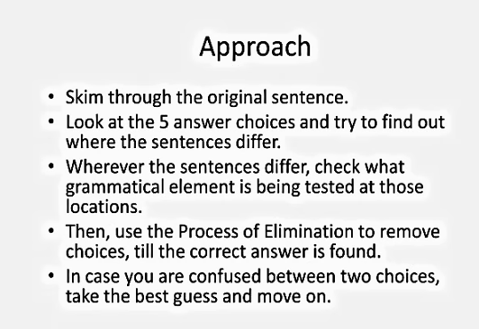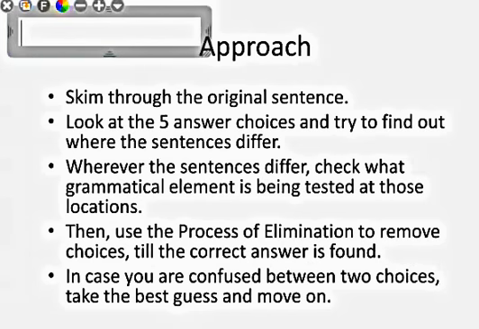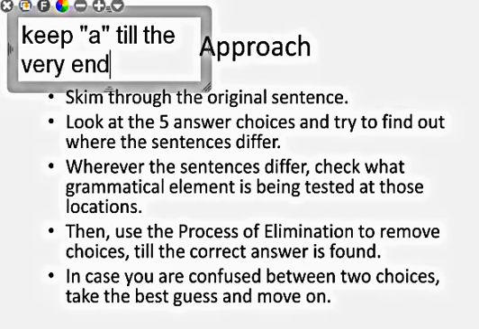But as you will find out with experience, or if you've already taken the GMAT, you'll realize there are a lot of questions where you get confused between two answer choices. So what do you do? Well, you take the best guess and move on. And like I said, do not forget this: always keep choice A till the very end.